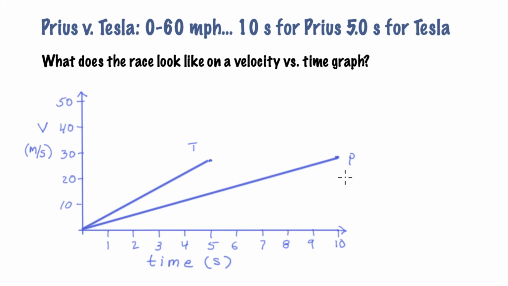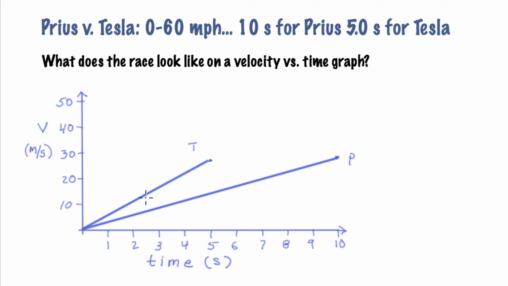So you can see that these slopes are different because the slope is equal to the acceleration. That's a main property that we learn in chapter 2. So the slope of the velocity versus time graph for the Tesla is greater than the slope of the velocity versus time graph for the Prius, because the slope is the acceleration.